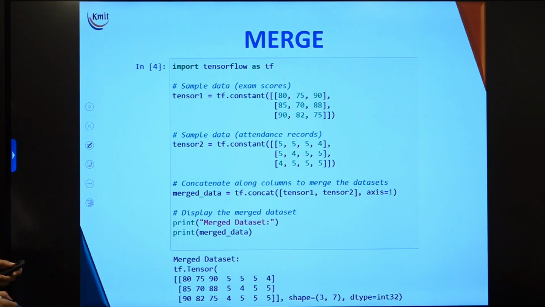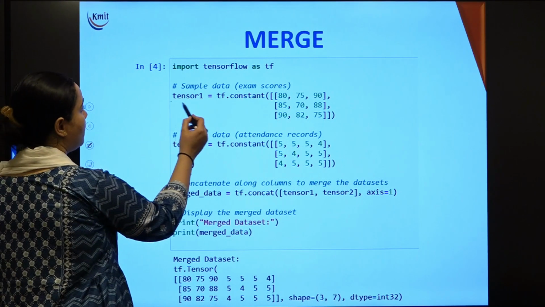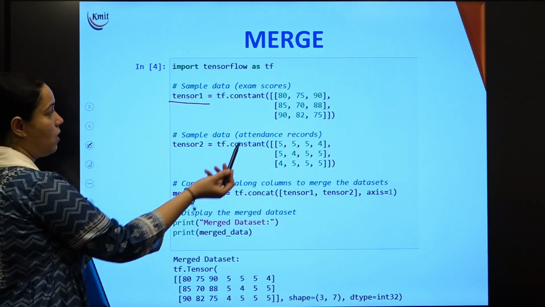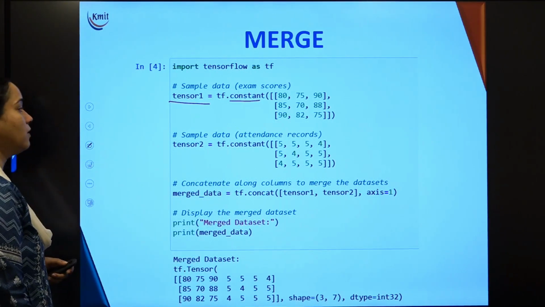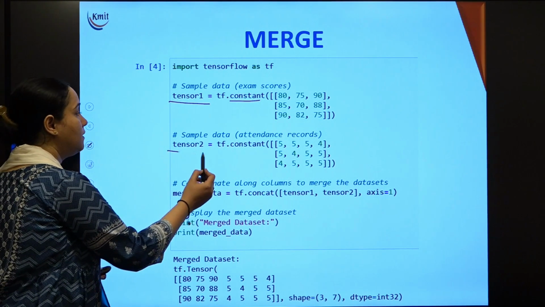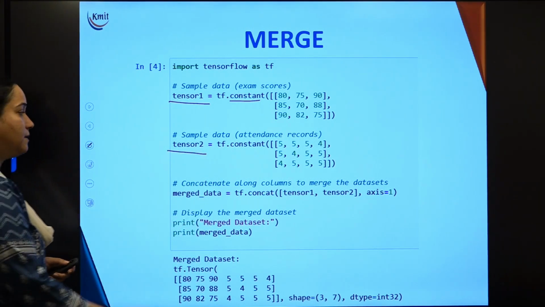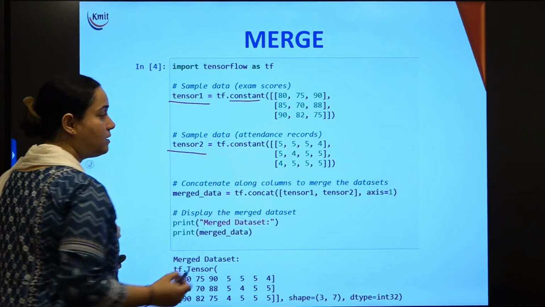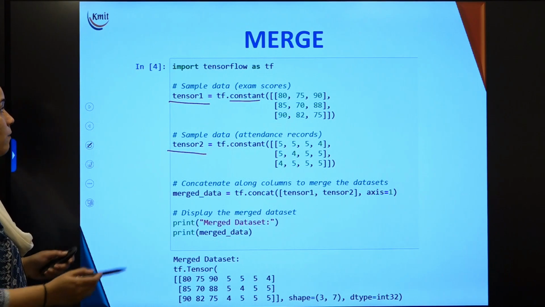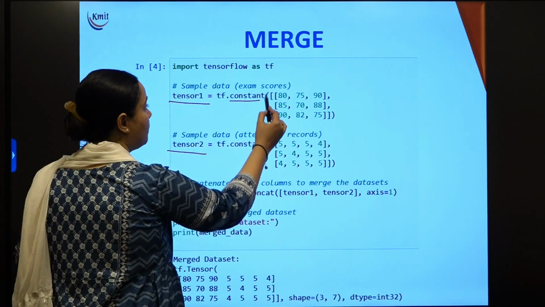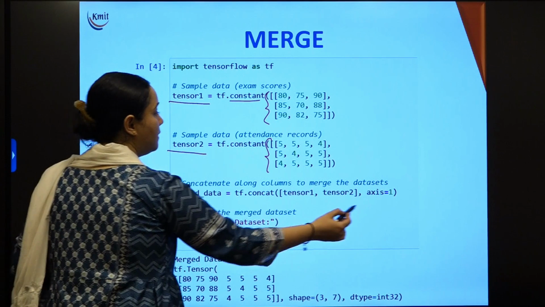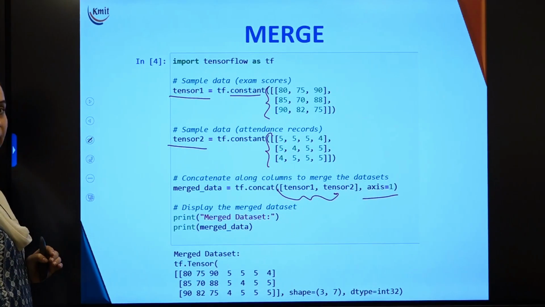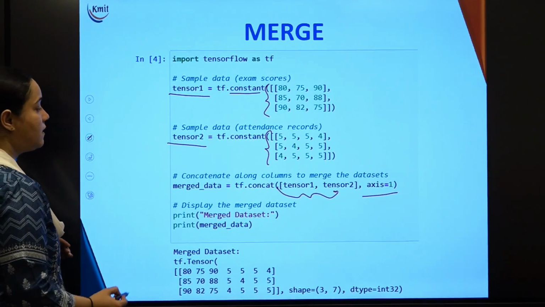Very simply, I took sample data for tensor 1 of exam scores. As you all know how to create a tensor using the constant function, I created another dataset for tensor 2. The important thing is how I want to merge these datasets. If I want to put them column-wise, first this and then this, I merge tensor 1 and tensor 2 using the concat operator with axis equal to 1.